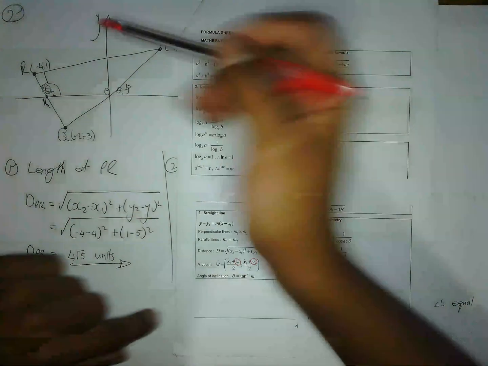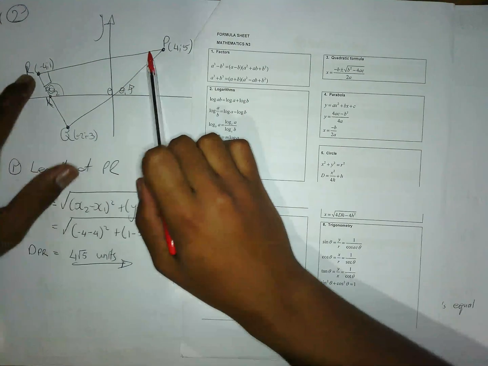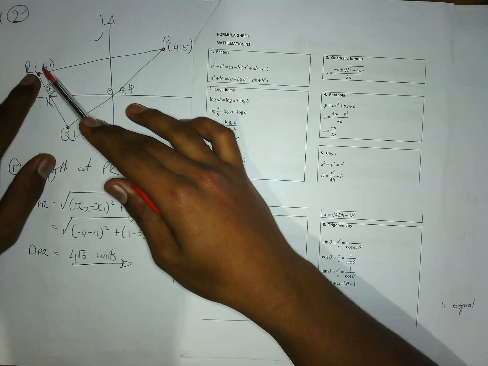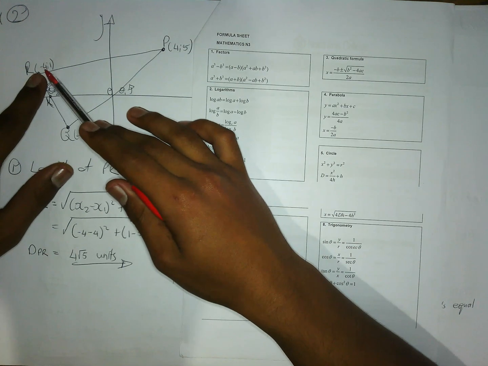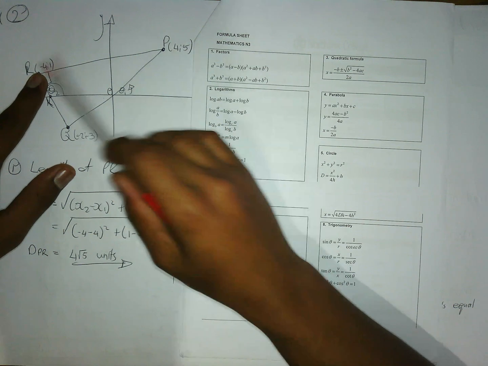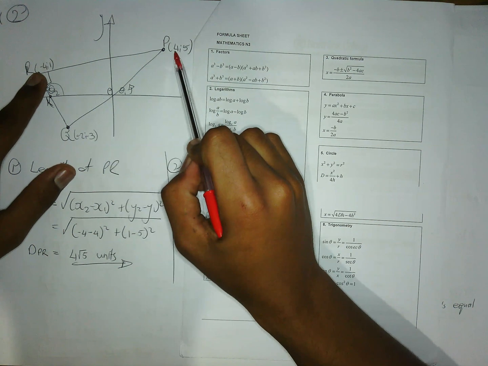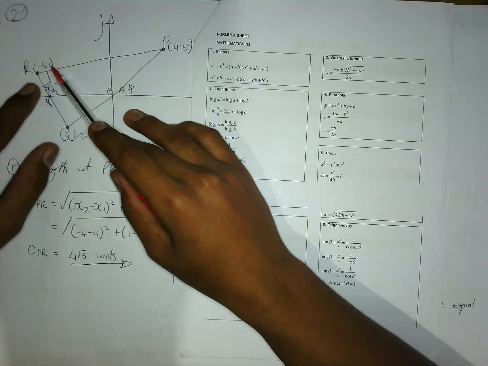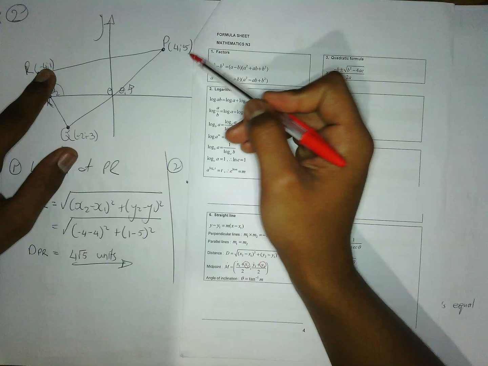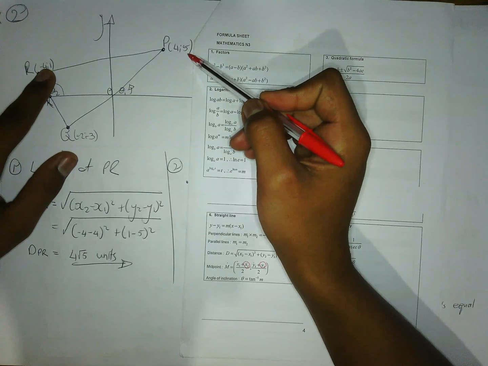So PR is over here. And I say, okay, I'm going to choose this one here as my x2. So I'm going to take this 4 and this 4. This 4 is my x2. This 4 is my x1. This y is my y2. And this y is my y1. All I do is I substitute in.